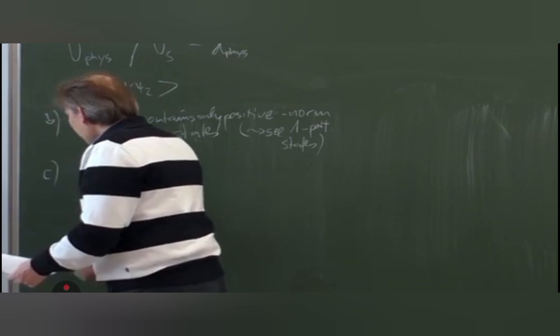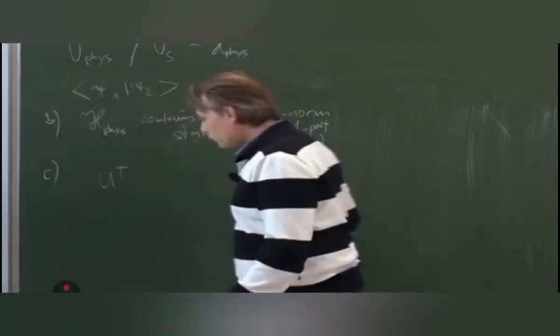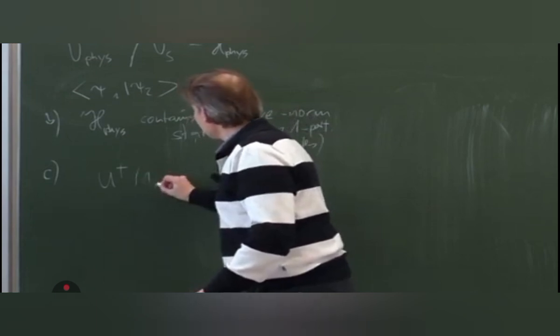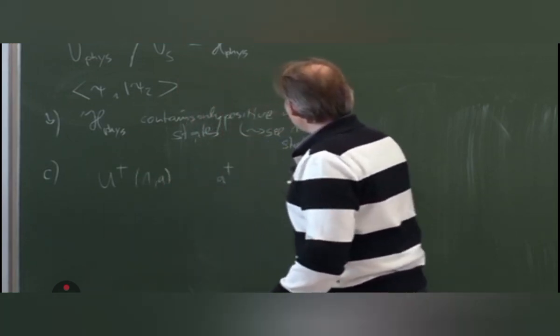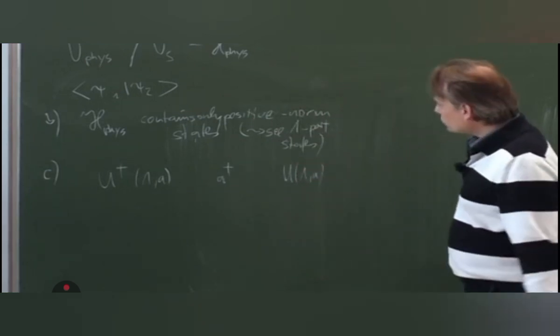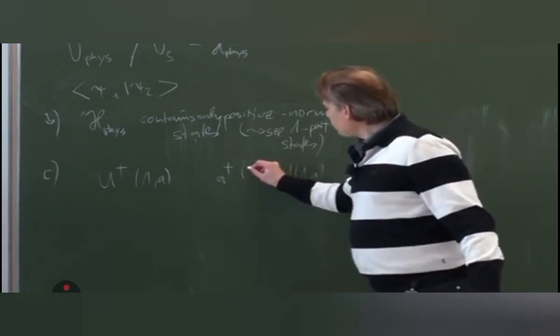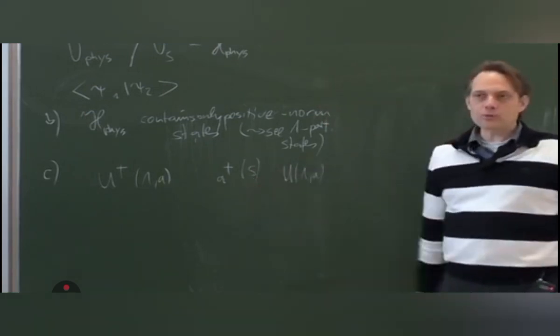Then the third property is the following. Let us now look at Poincaré transformations. U dagger of lambda A acting on a creation operator U of lambda A. Okay, and then let us look first at the creation operator for these scalar polarizations.